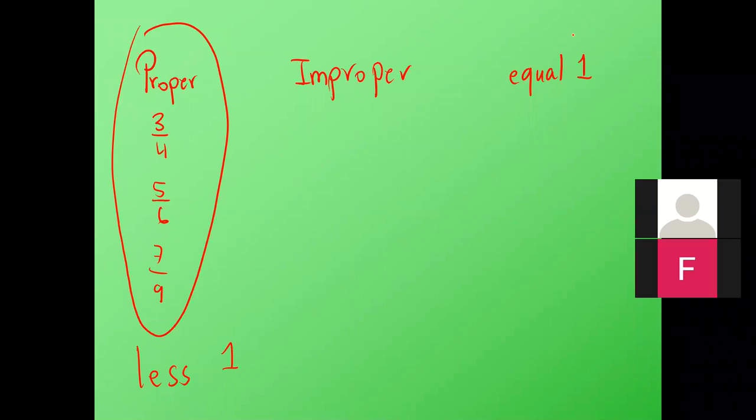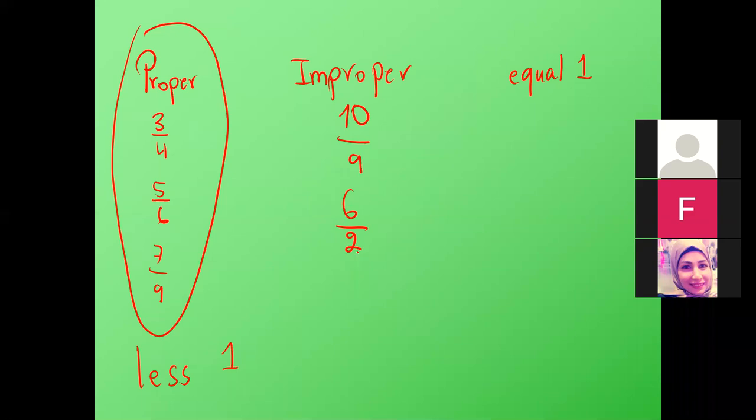Now, when do we say a fraction is an improper fraction? When its numerator is greater. Bravo. The numerator is greater than the denominator. For example, 10 out of 9, 6 out of 2, 7 out of 4, and so on.